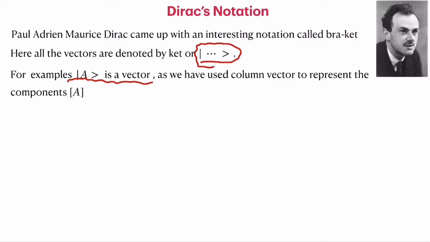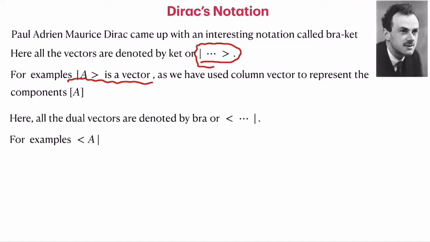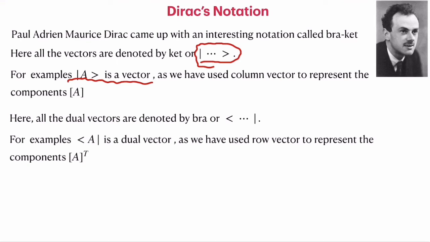In our matrix notation, we have written vector A with its components as a column vector. So it's the same notation, but written as what we call a ket. Here, the dual vectors are denoted by what is called a bra, which is exactly the reverse of the ket, given by the symbol.